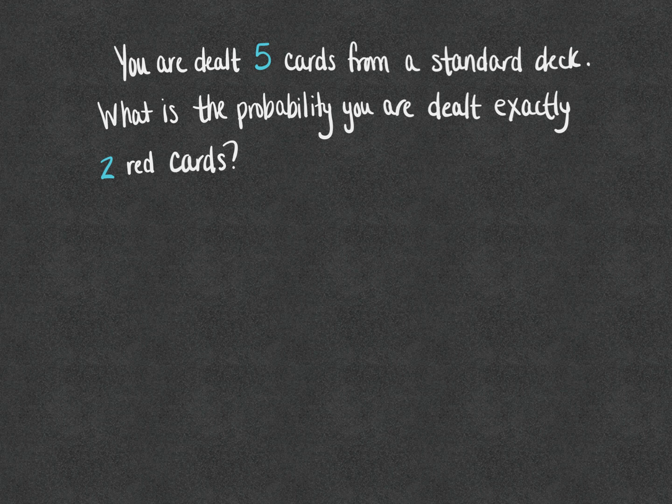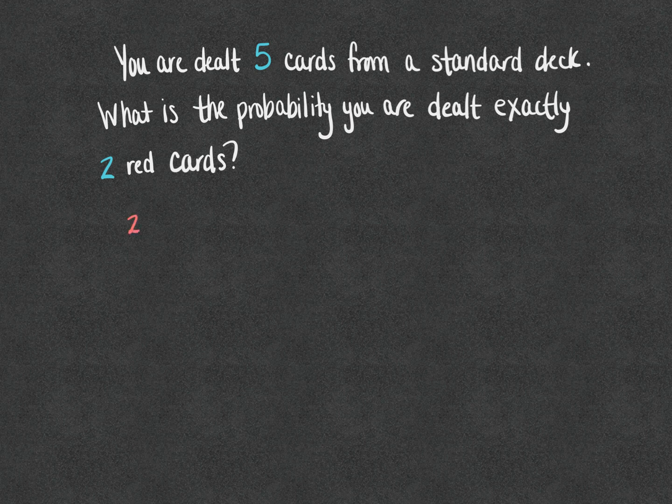So when it comes to the probability, again, specifically what we want in our hand is 2 red cards. But beyond those 2 red cards, remember we have to have 5 cards in total, okay? So it is not just enough to have 2 red cards.